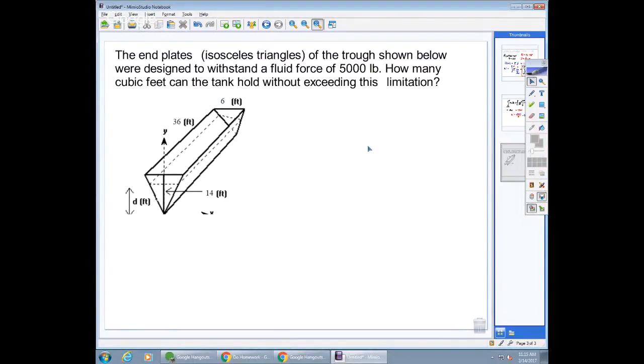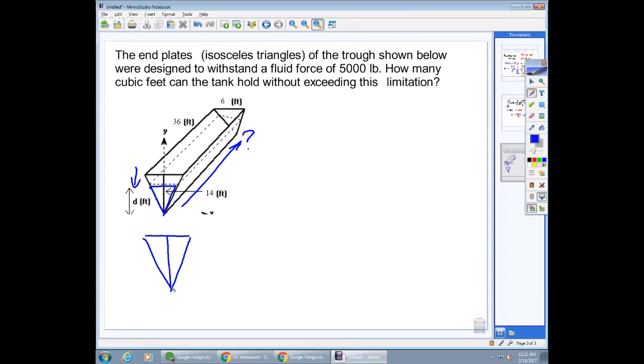So the thing about pressure is it doesn't matter how big the pool or tank is. What matters is the cross-sectional area and the depth of it. Okay, so we have this triangular plate to consider. And what do we know about it? Let's see, it's 6 feet wide across the top.